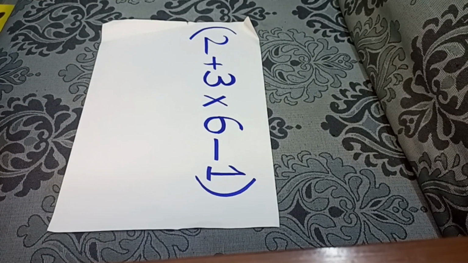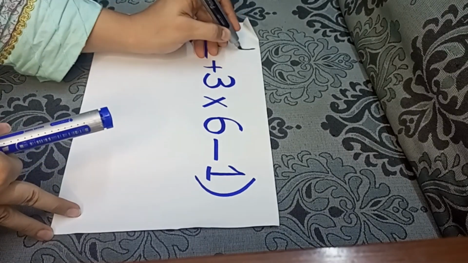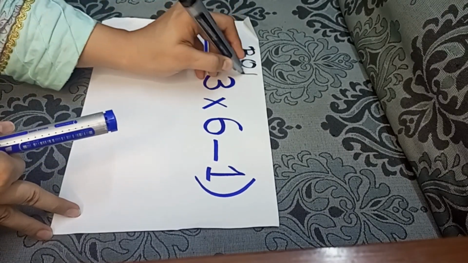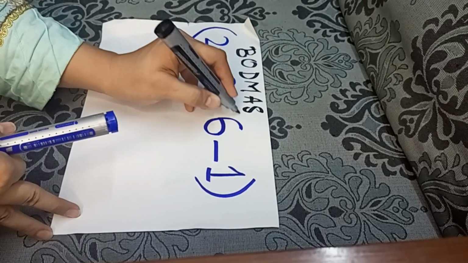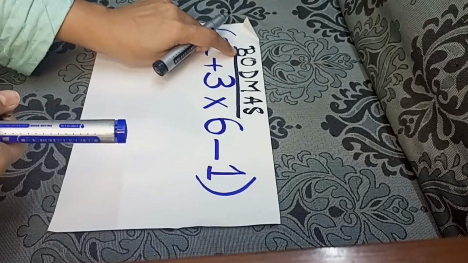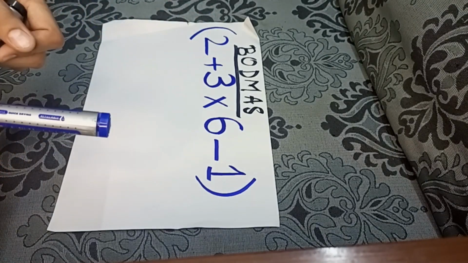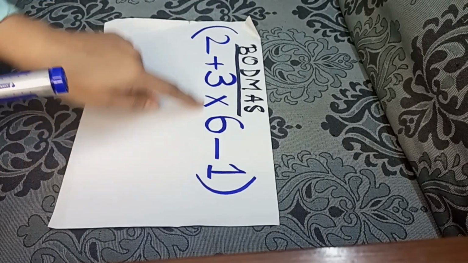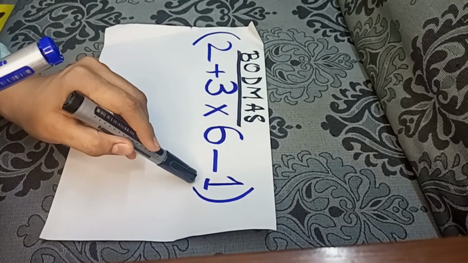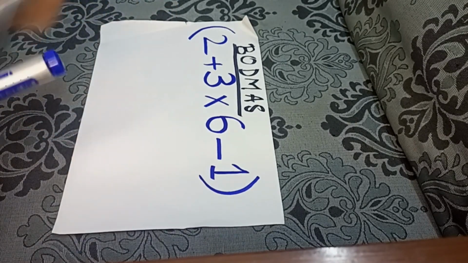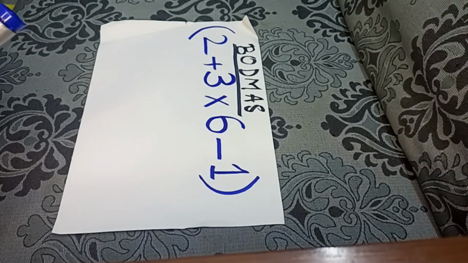How to solve this through BODMAS? According to BODMAS, bracket comes first. But here, we don't have any bracket inside the equation. That means we have to solve this whole equation first. After bracket, we have division. Can you see any division sign in this equation?